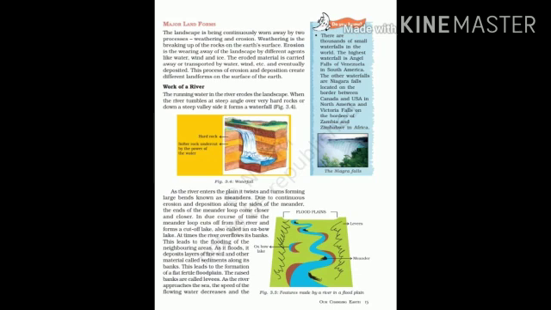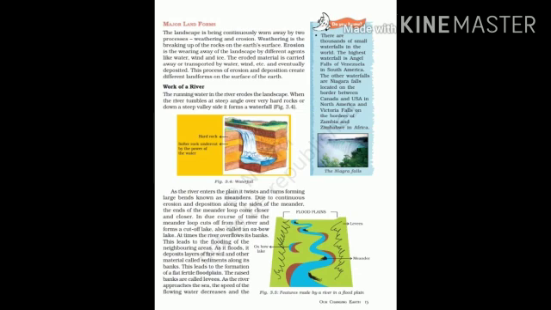As the river enters the plain, it twists and turns, forming large bends known as meanders, like a snake. Due to the continuous erosion and deposition along the sides of the meander, the ends of the meander loop come closer and closer. In the course of time, the meander loop is cut off from the river and forms the cut-off lake, also called an oxbow lake.